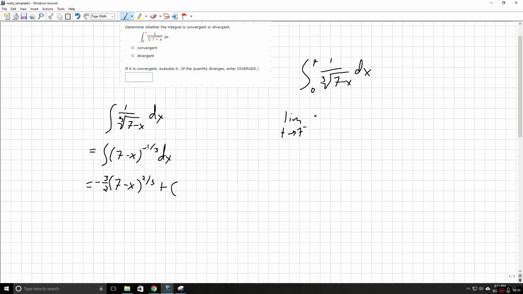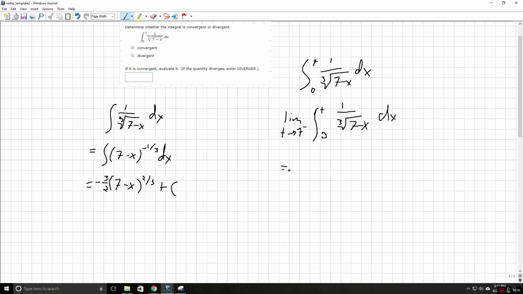So t approaches 7 from the left. Plug that in, and you rewrite your integral here. Replace the 7 with t. 0 stays the same. 0 is fine. You can use that. Okay. Now we know what the generic integral is of this, so you just sort of punch that in.